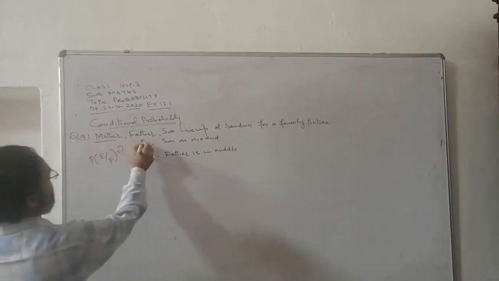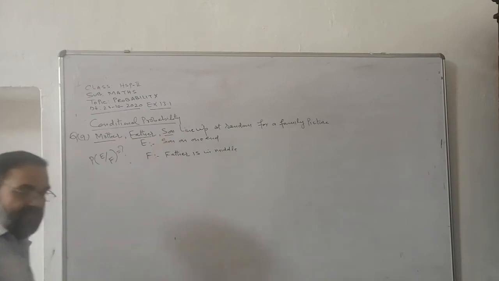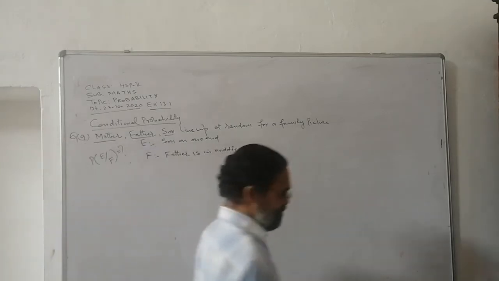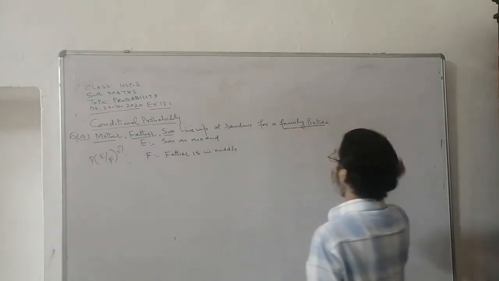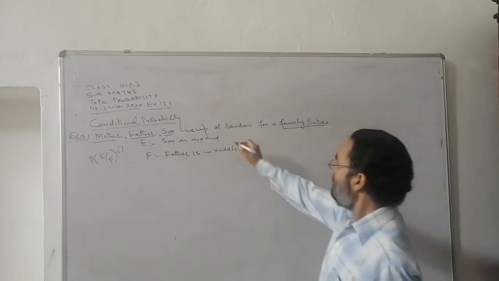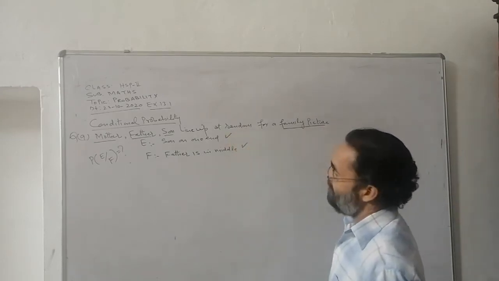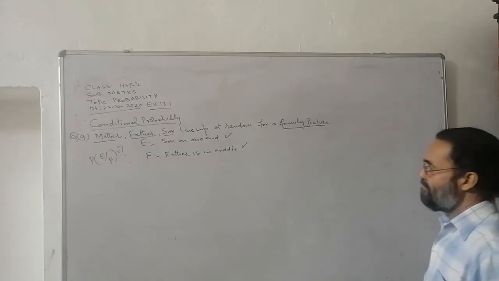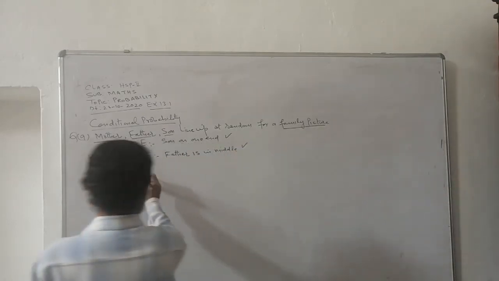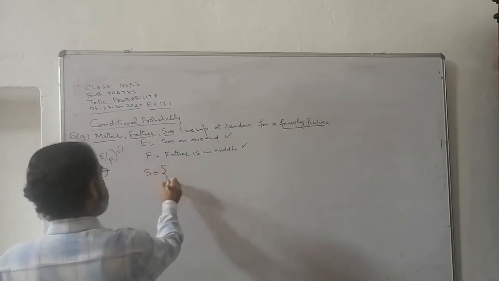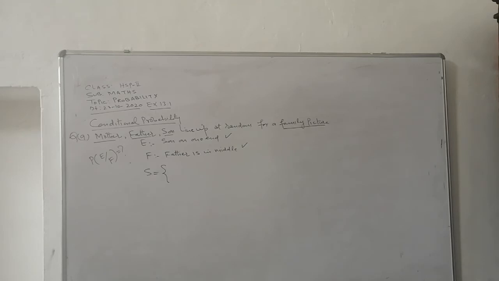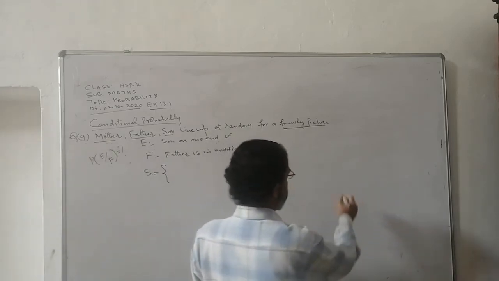Now the question says mother, father and son, these three family members, have to get a family picture. This is event E, this is event F. We have to find the conditional probability. So first of all, the sample space is required to find the conditional probability.